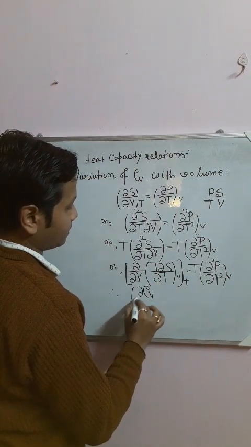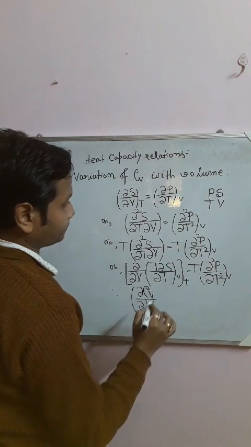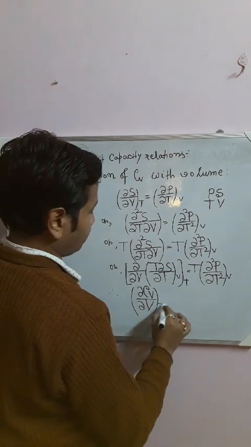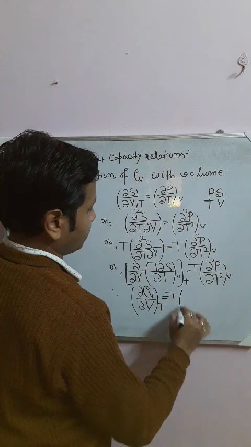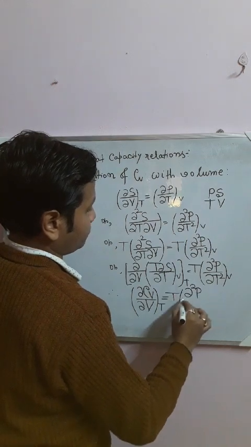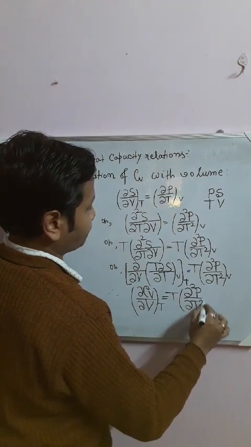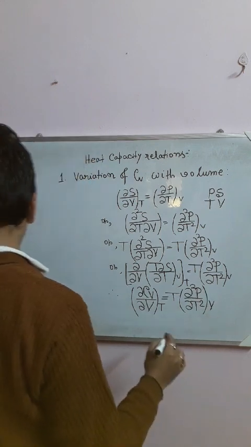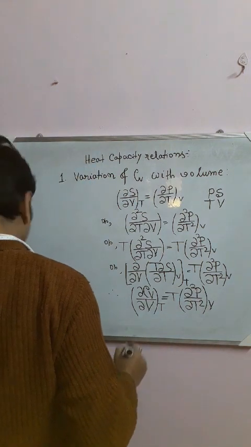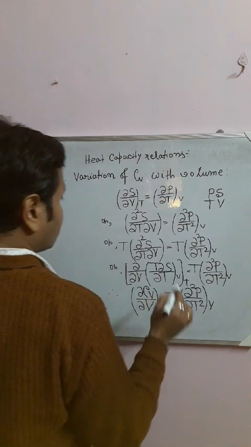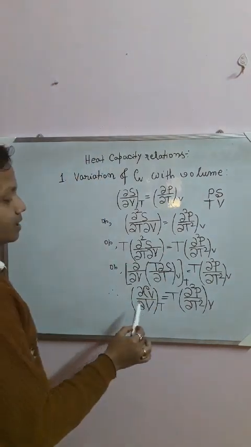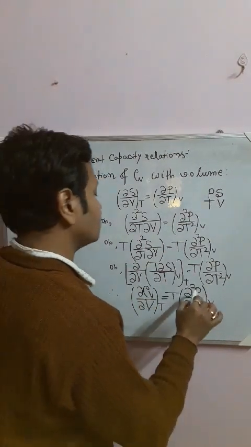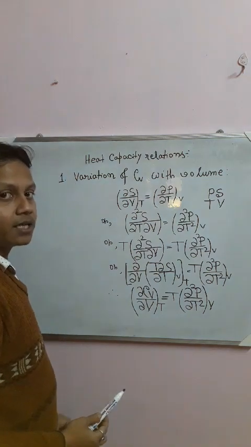So del CV del V at constant temperature equals T into del 2P del T2 at constant volume. This equation represents the variation of CV with volume.